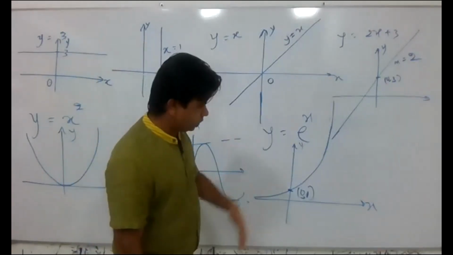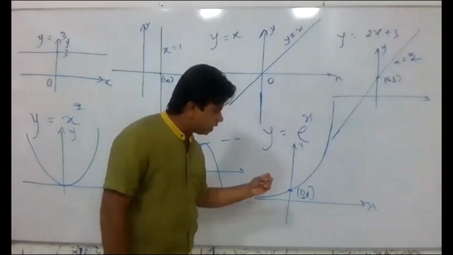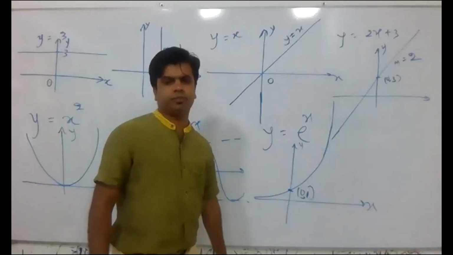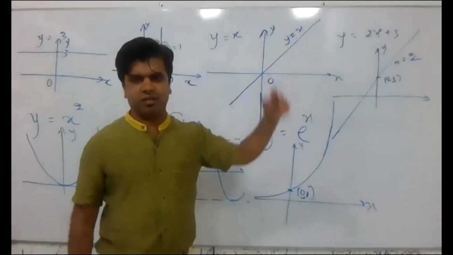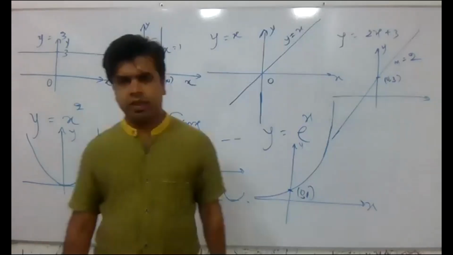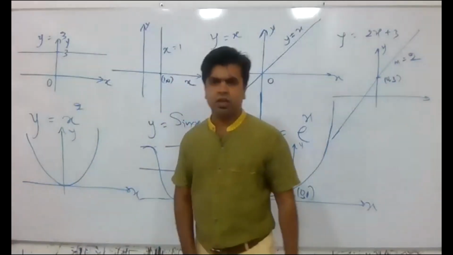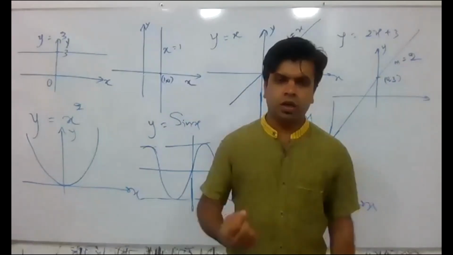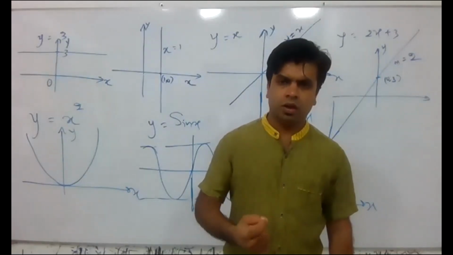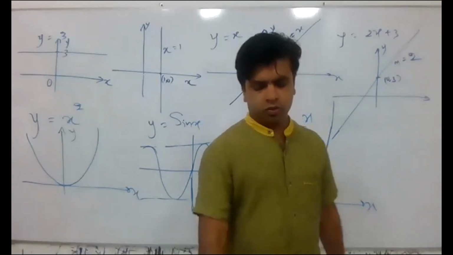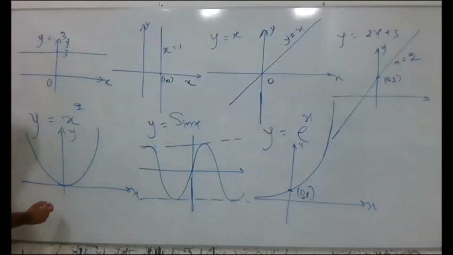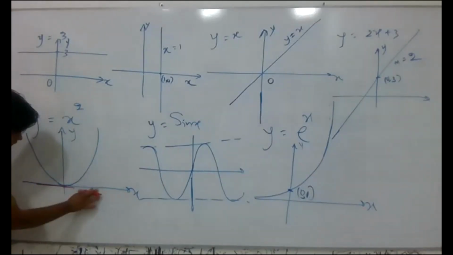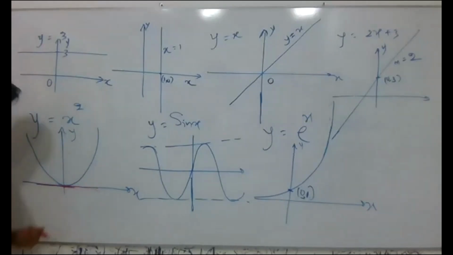Now, these all are functions, right? If I ask what the gradient of this function is, you know that straight lines have constant gradients, but you can see that these curves don't have a constant gradient. If I ask what is the gradient at the origin, you have to draw a tangent. The tangent is horizontal, which means the gradient at the origin is zero.